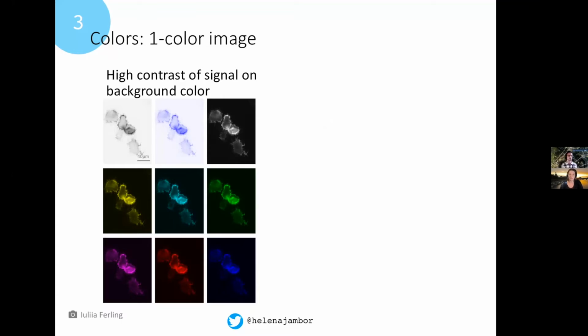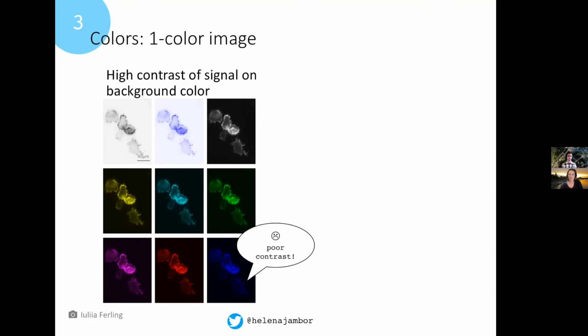So for instance, what we see at the bottom is a blue signal. For example, DAPI, DNA stain is often shown in blue on a black background as it comes out of the microscope directly. That has a very, very poor contrast, and most people will not be able to see details, for instance, of your cellular phenotype or your intricate neurons and their boutons.